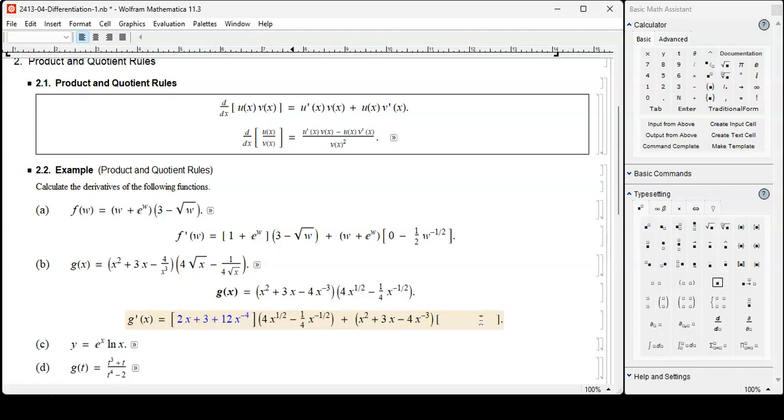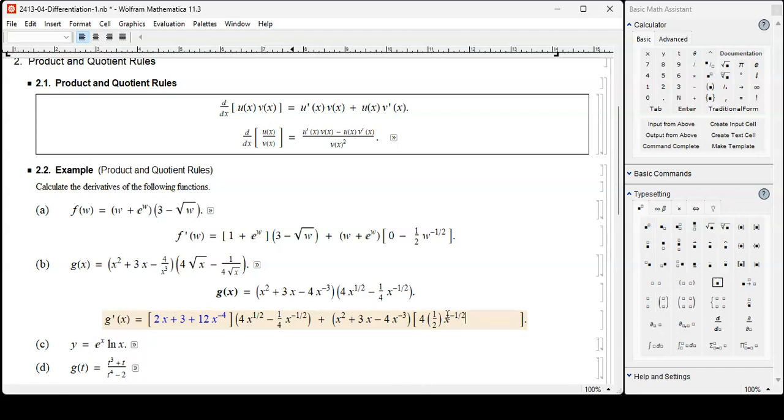Does it look good? X squared became 2x, 3x became 3, negative 4x to the negative third power, multiply negative 3 times negative 4, that's positive 12, and subtracting 1 from the power, x to the negative fourth power. All good. Now let's work out the second function. 4 is a coefficient, and multiply by coefficient 1/2 x to the negative 1/2 power, because I have to subtract 1 from the power.